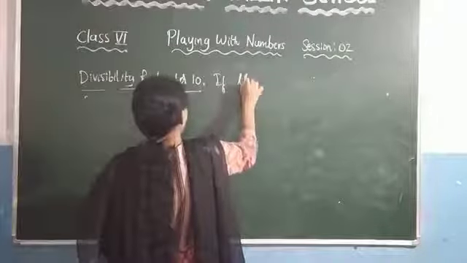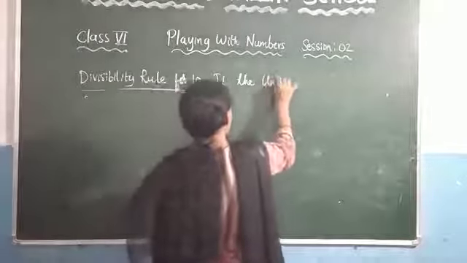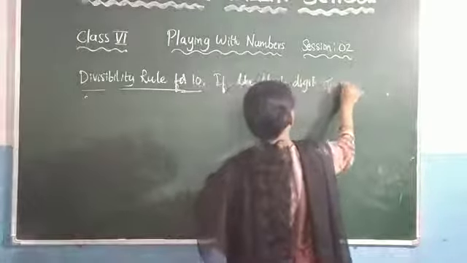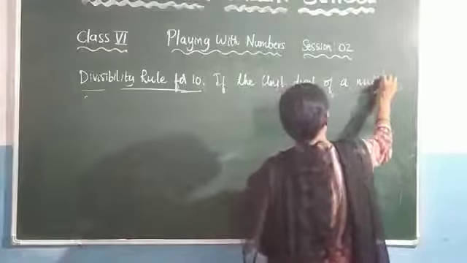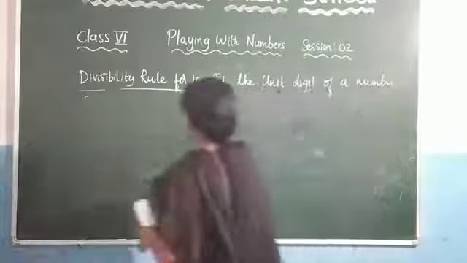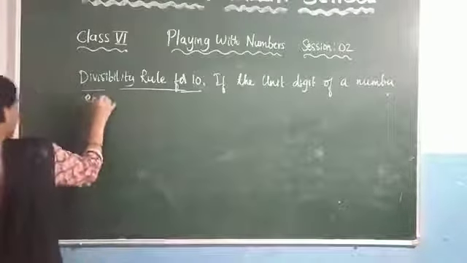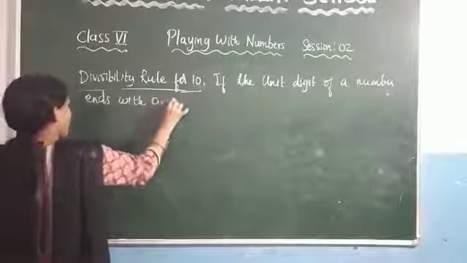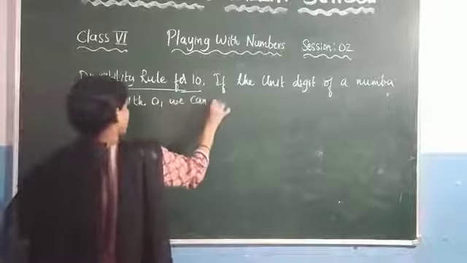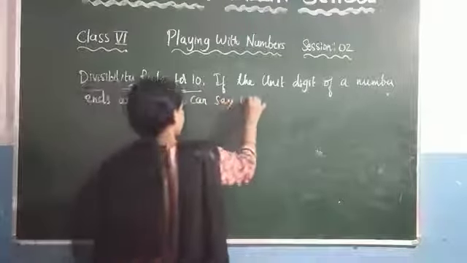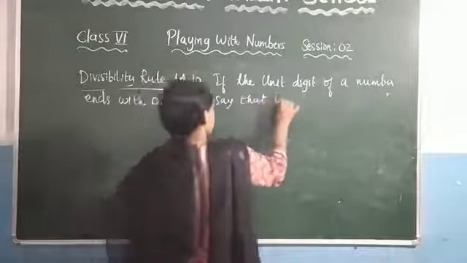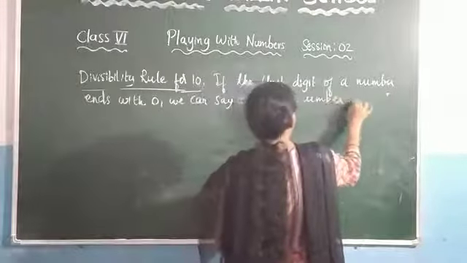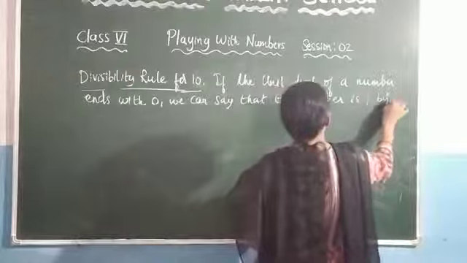If the unit digit of a number ends with 0, we can say that the number is divisible by 10.